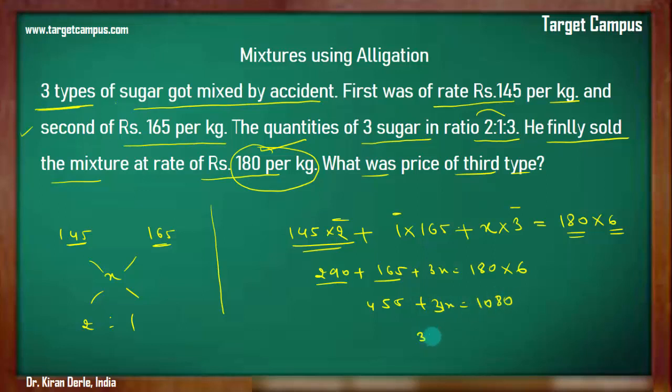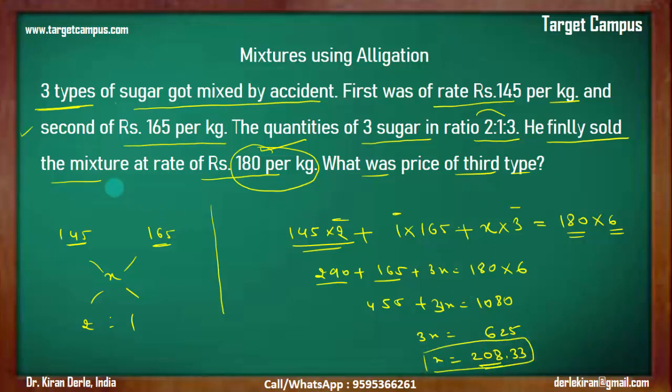So 3x is equal to this minus this. What is this minus this? 8 minus 6 is 2. 10 minus 4 is 6. X is equal to 208 point something, I guess. Yes, x is equal to 208 point something. This is the price of the third quantity.